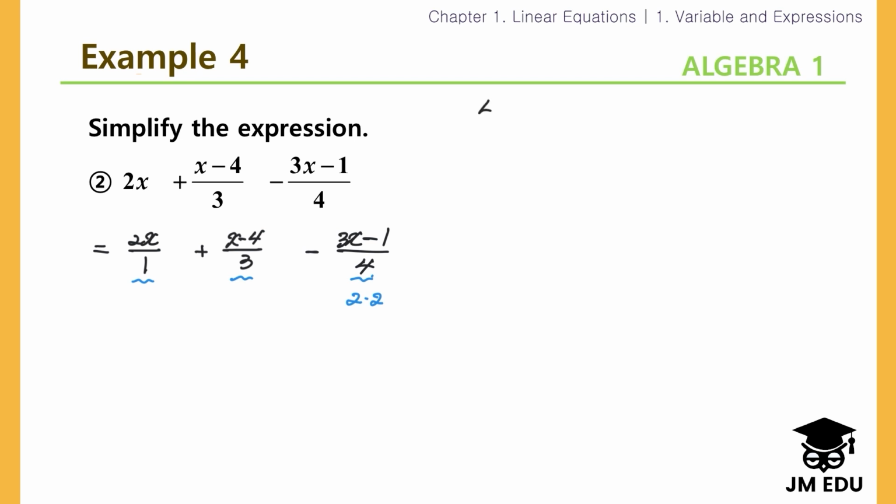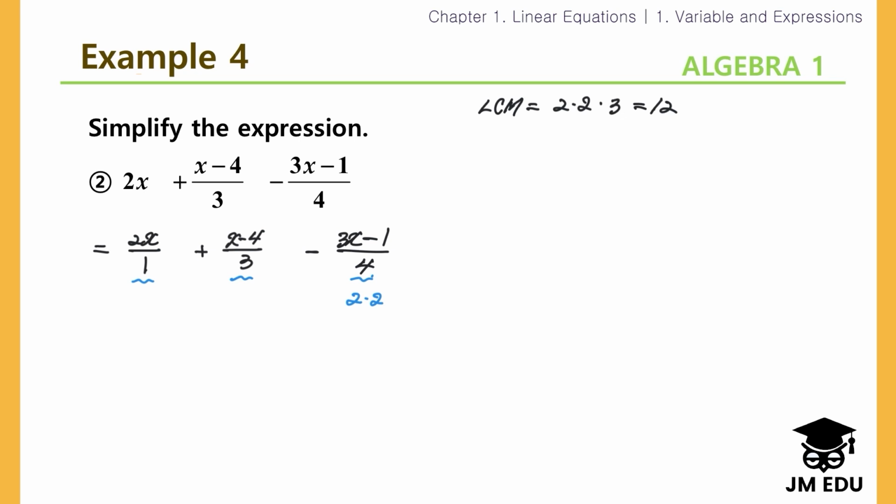So our least common multiple must have at least two 2's and 1, 3. And we can ignore this 1 because times 1 just gives us the same number, right? So 2 times 2 is 4, times 3, that's 12.